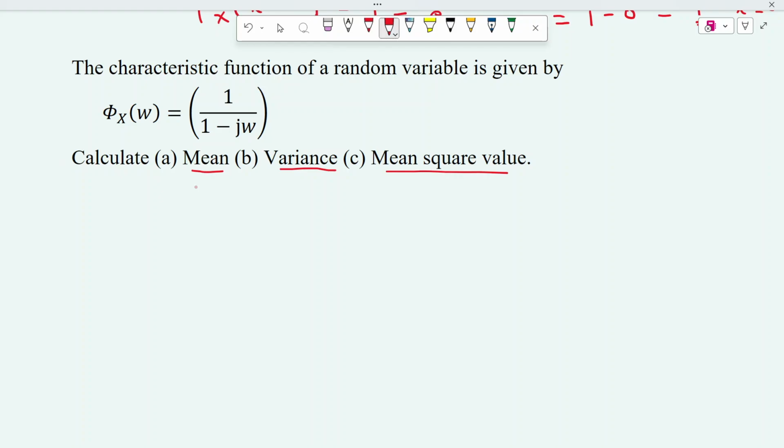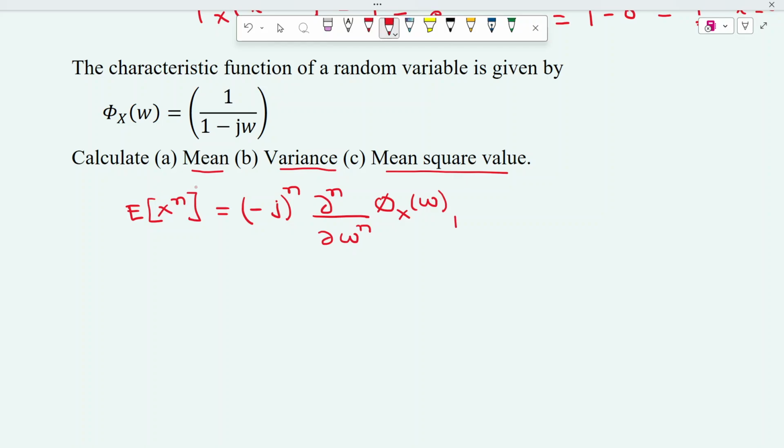From the characteristic function we can find the moments, that is, expectation of x power n, which is given by (minus j) whole power n, dou power n by dou omega power n of phi x of omega, which is nothing but the characteristic function.